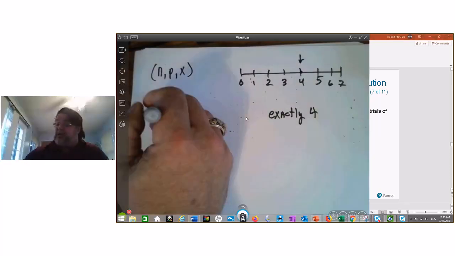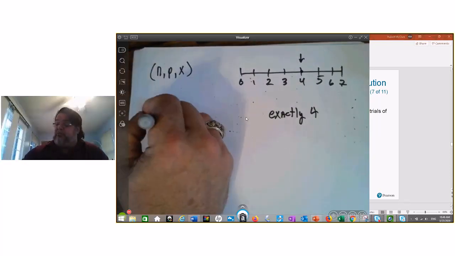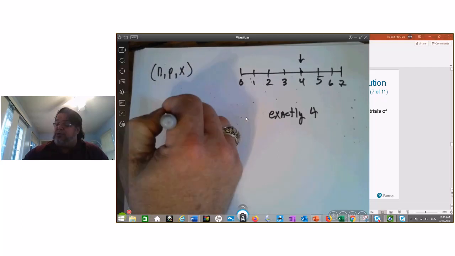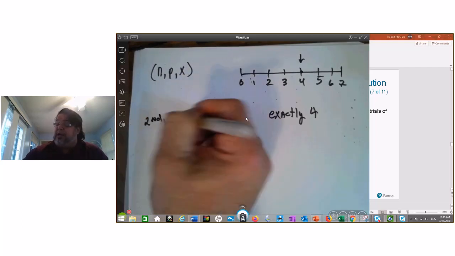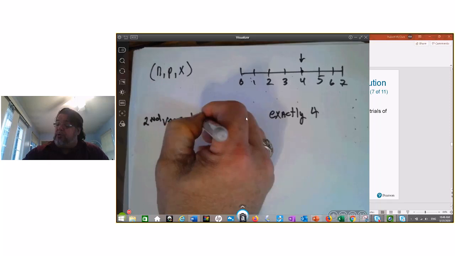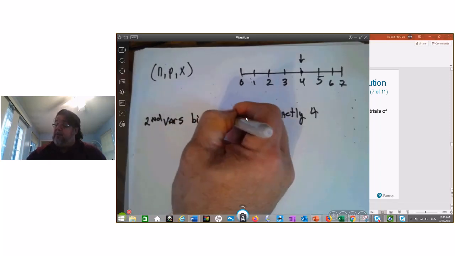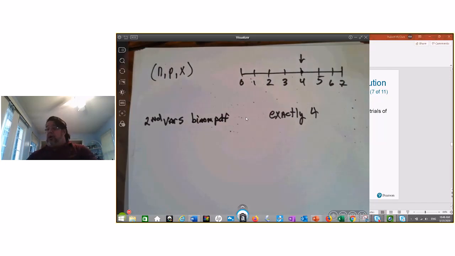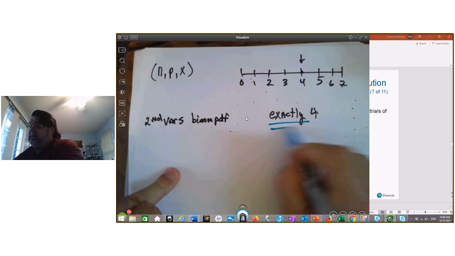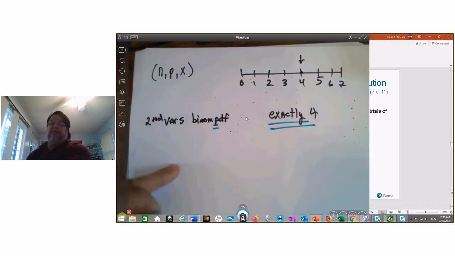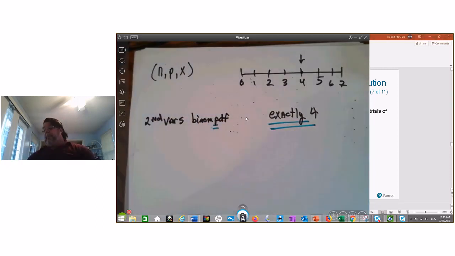then that means I've got to use second, vars, and I'm going to use binomial PDF. Okay, exactly is PDF, meaning that you want exactly 4.